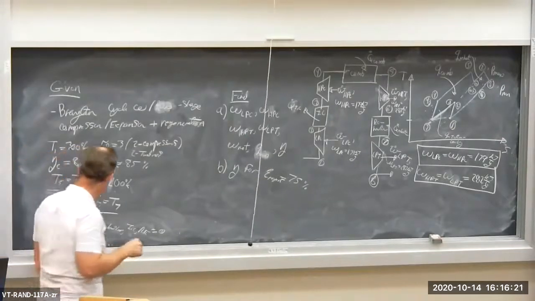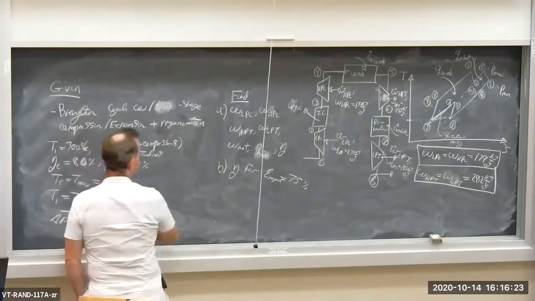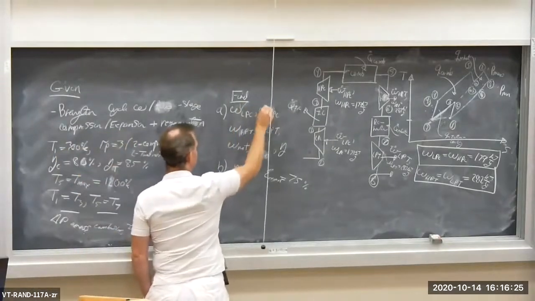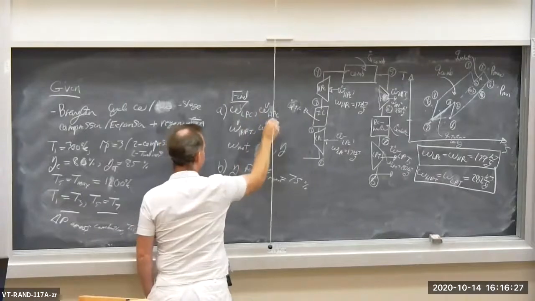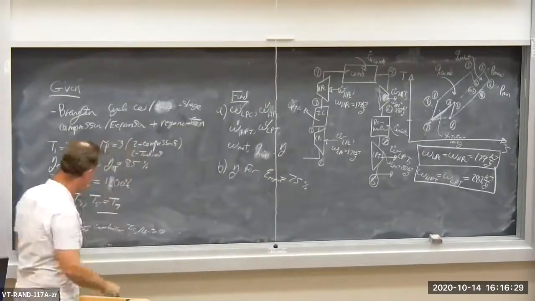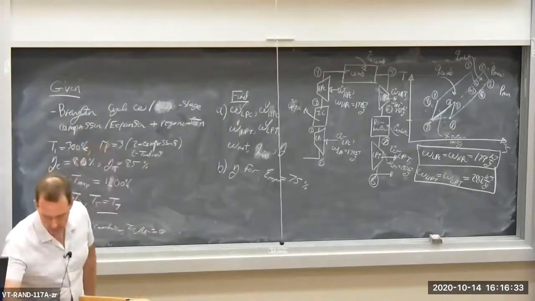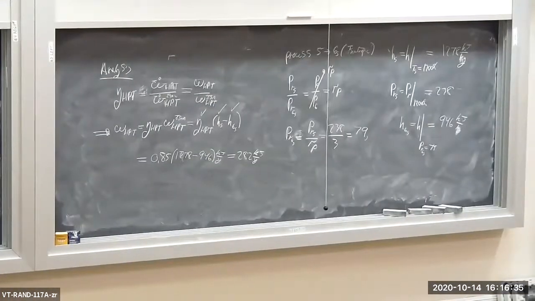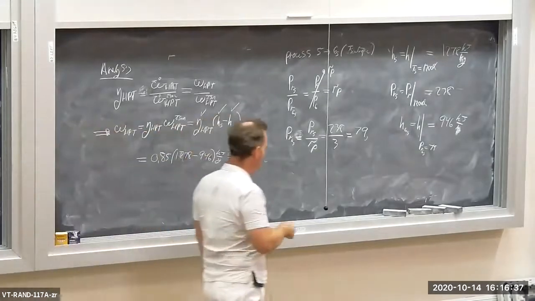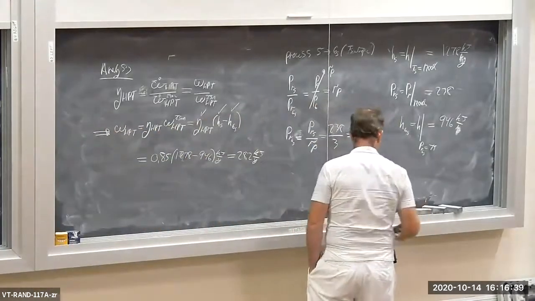Okay, so you can see what these numbers are referring to. So we have the specific works, good. Let's find the net work. What's the net specific work?